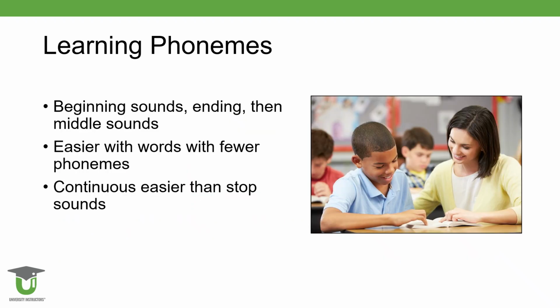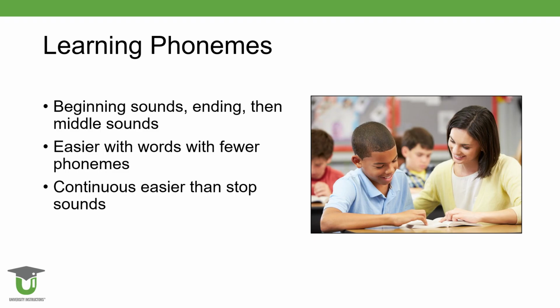It is harder to hear all the phonemes in some words than in others. Phonemes in some words are just harder to perceive. Students usually find it easiest to perceive the beginning sound, then the ending sound, and then finally the middle sound in a word. It is easier to segment phonemes in words with fewer phonemes.